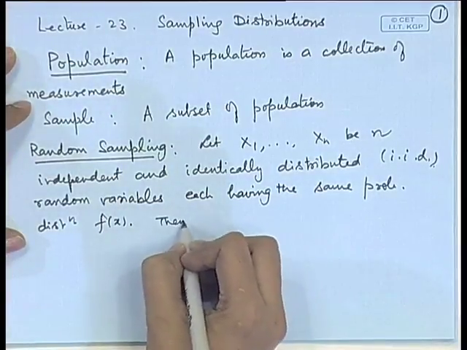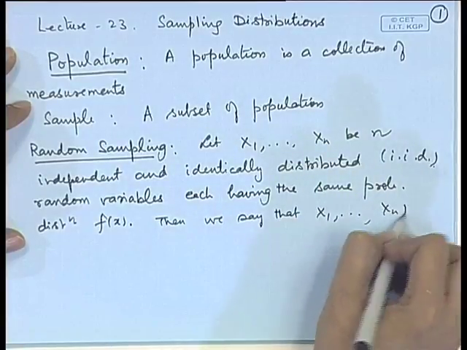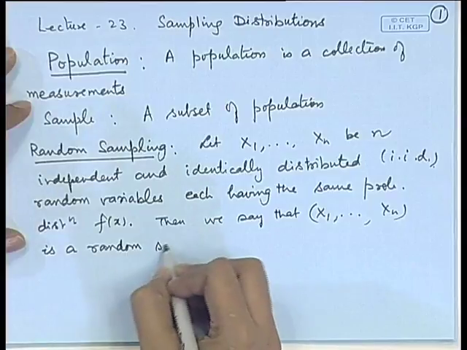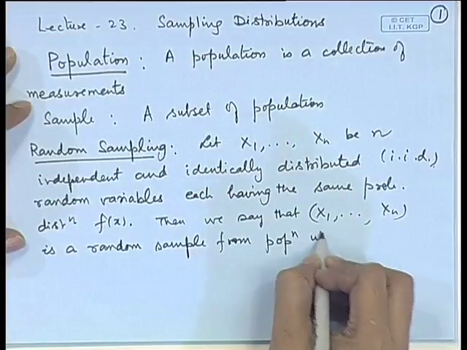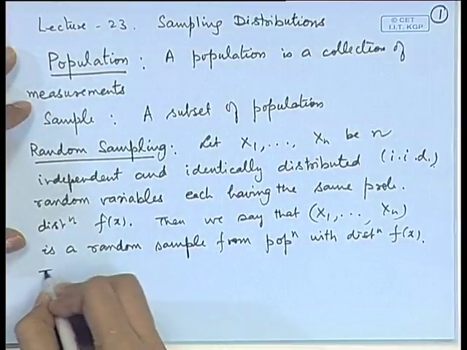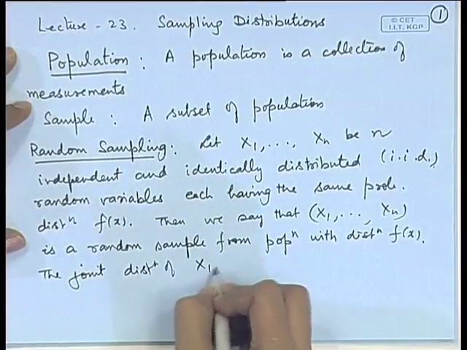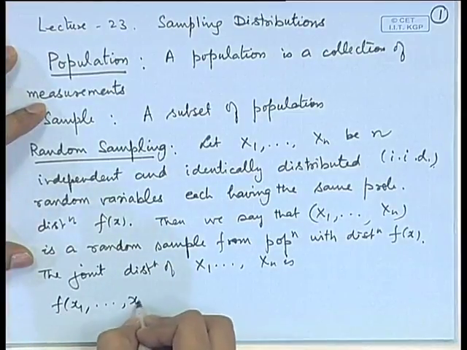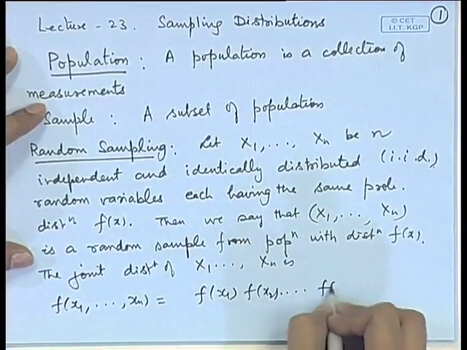Then we say that X1, X2, ..., Xn is a random sample from a population with distribution f(x), and the joint distribution of X1, X2, ..., Xn is defined as f(x1, x2, ..., xn) equal to the product of f(x1), f(x2), ..., f(xn).